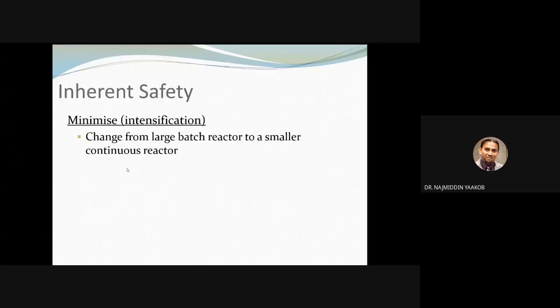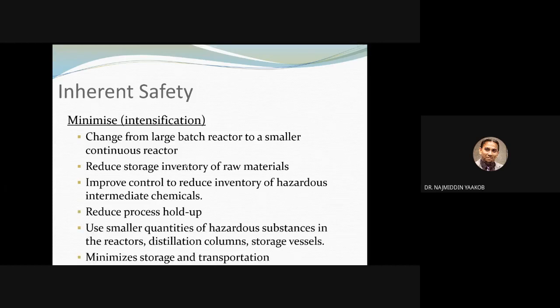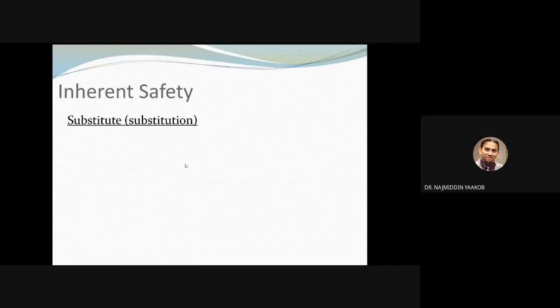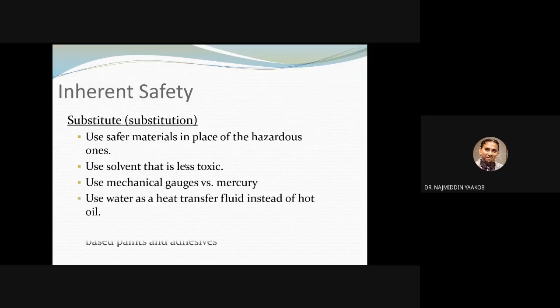To minimize is to change, for example, from a large batch reactor to a smaller one, or to reduce the storage inventory of raw materials. So these are to minimize. Next is to substitute: use safer materials, or use a solvent that's less toxic. These are all considered a substitution.